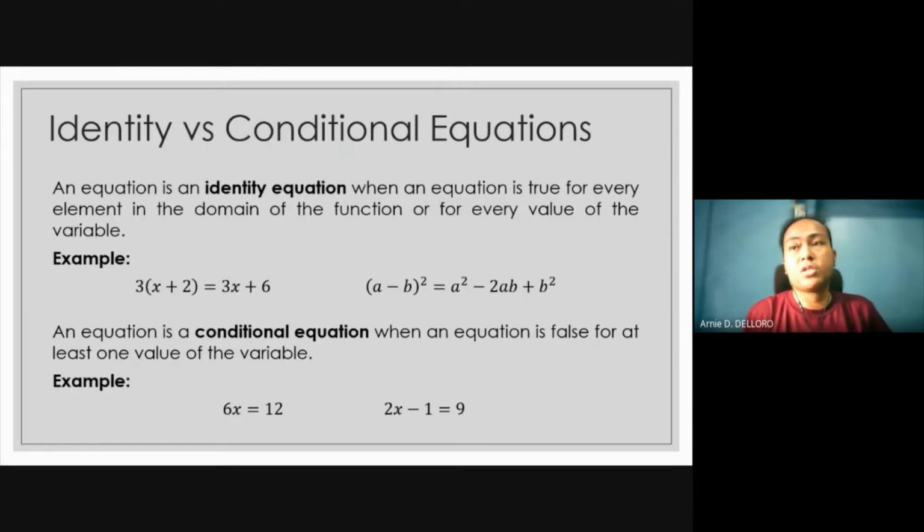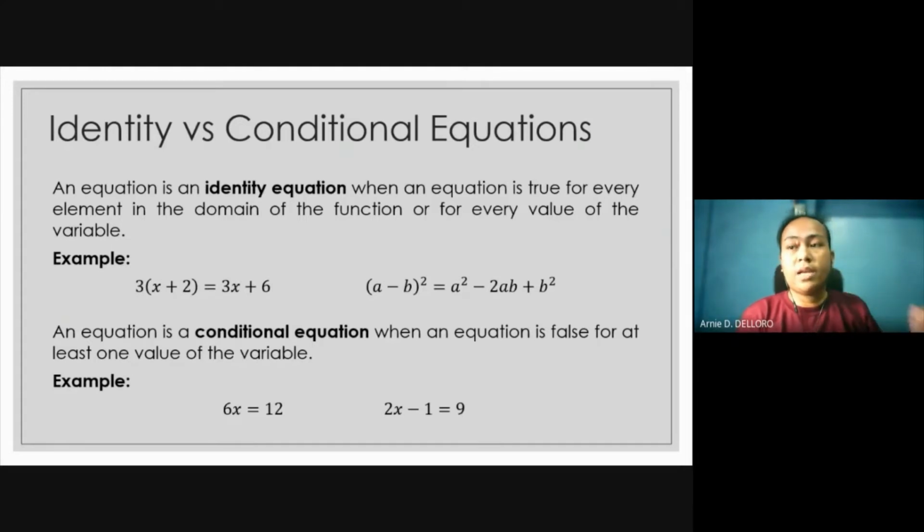So when we say conditional equation, there is at least one value of the variable that will satisfy the given equation. Okay? So not all values of x, or all values in the range, will satisfy this conditional equation. Okay? So also we have 2x minus 1 equals 9.